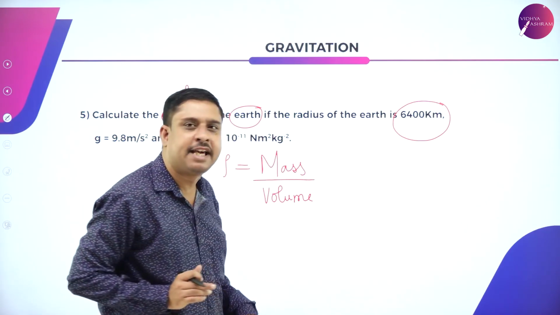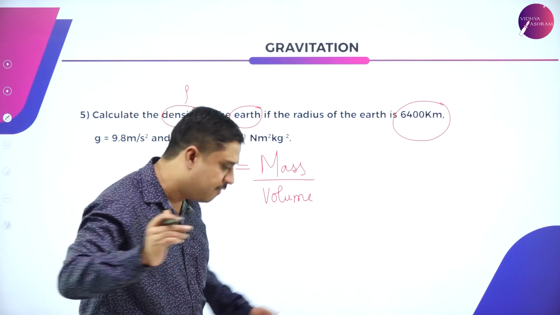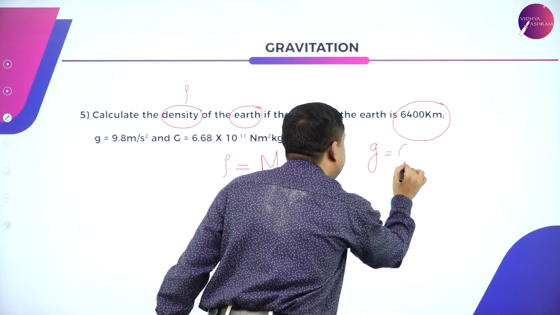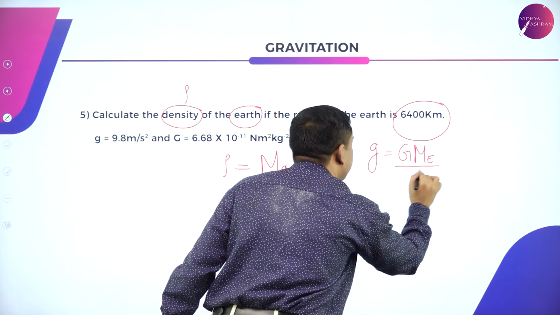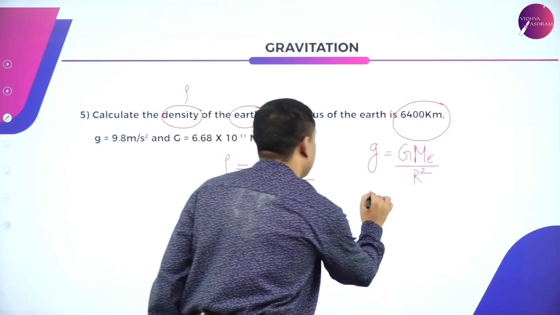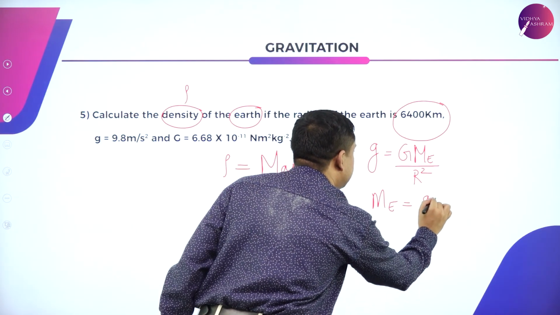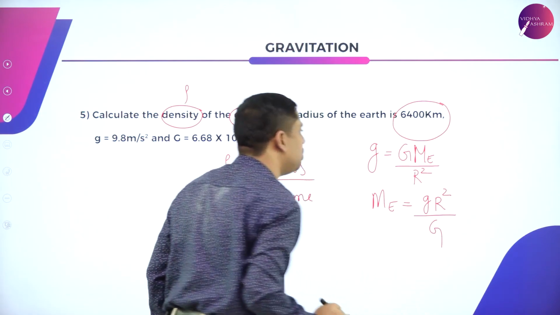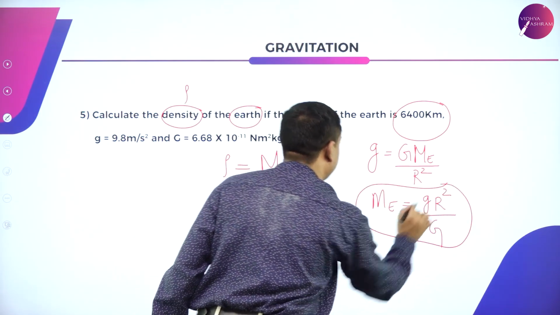With this data given, can I calculate the mass of the earth? Very simple. Small g is capital G M by r square. So from this, mass of the earth will be g r square by capital G. So I have got the mass of the earth.